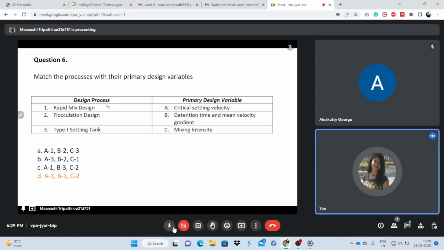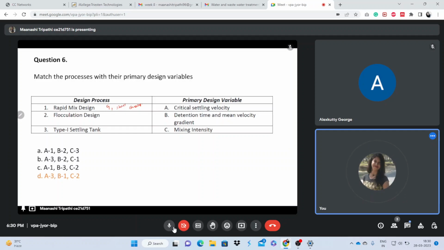Rapid mixing should be very fast, meaning very high G values should be given for a short duration. B is going to 1?